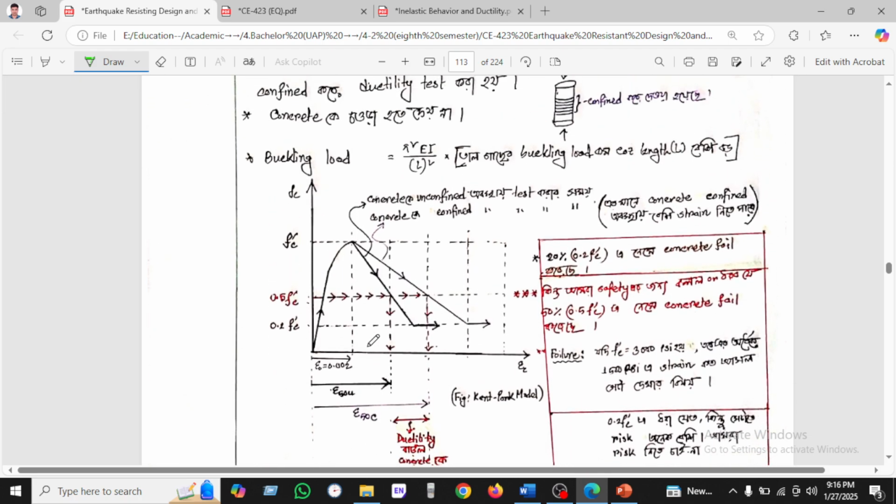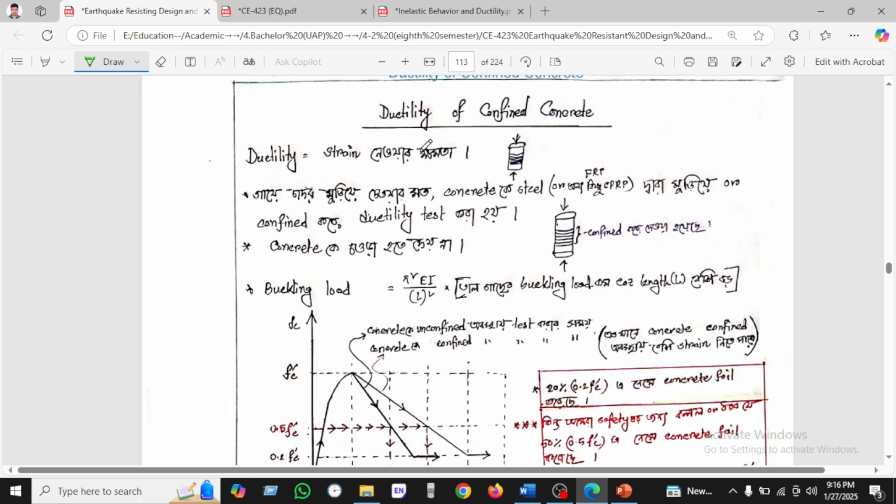This is the Kent-Park model. When we wrap a cylinder with some rope, the ductility will be more and more, because it will not be brittle, and it will take more deflection.